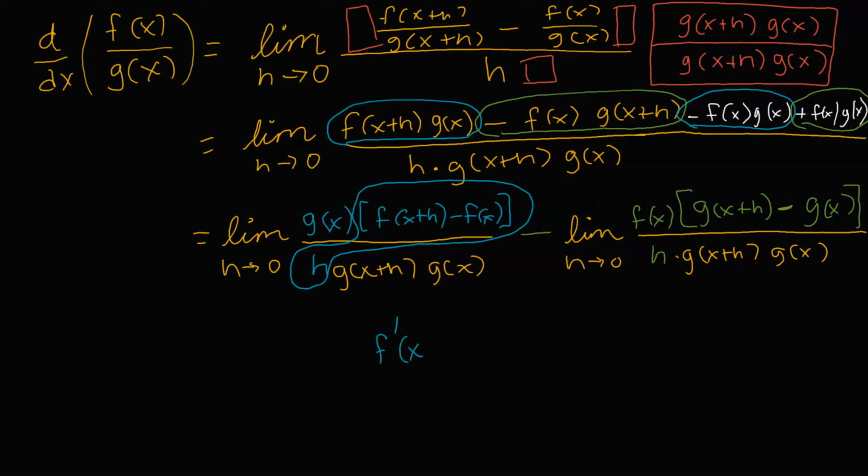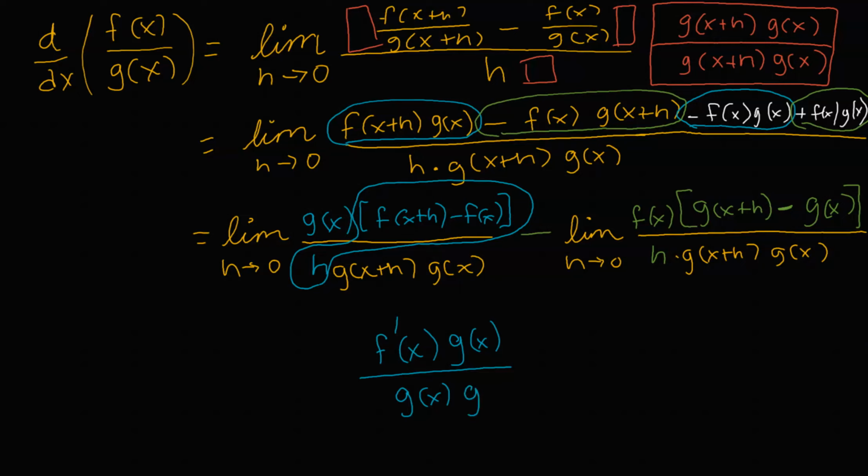When h is approaching 0, g of x is still going to be g of x. All divided by g of x plus h, which is going to be approaching g of x.